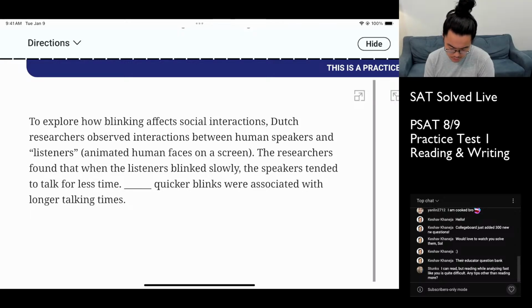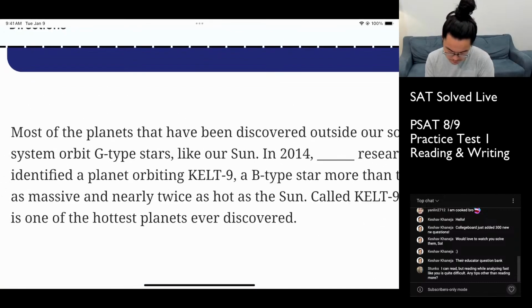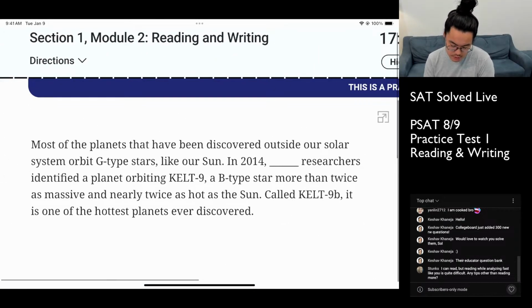Observed human speakers and listeners, quote unquote listeners. Listeners blink slowly. They talk for less time. Hang on. Blink slow. Longer talking. In contrast, on the other hand, by contrast, there we go. Perfect. Most of the planets that have been discovered outside our solar system orbit G-type stars.